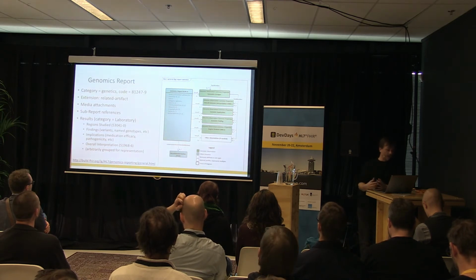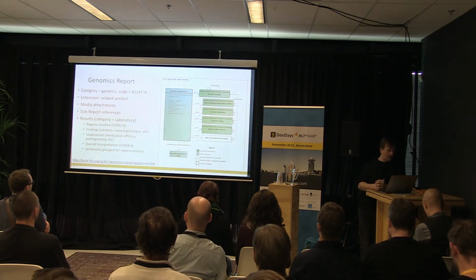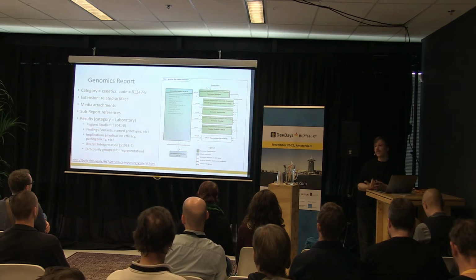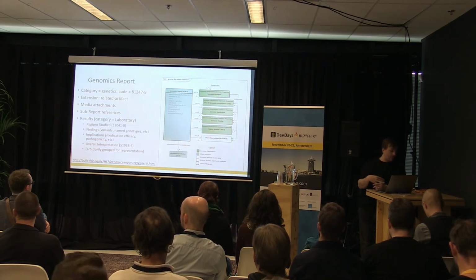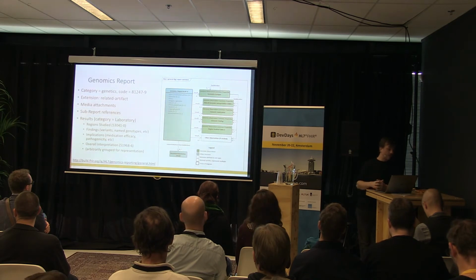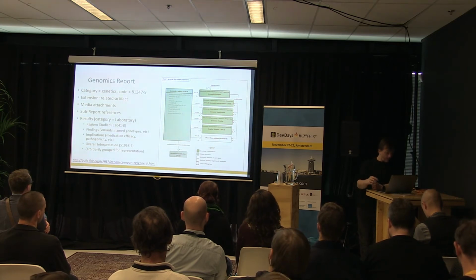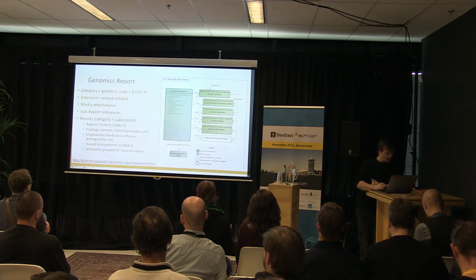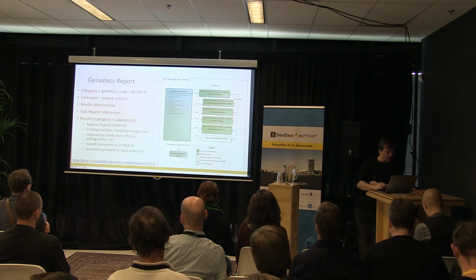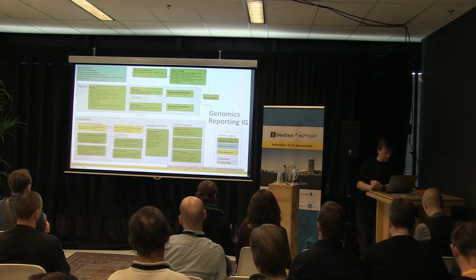The actual findings, so variants, named genotypes, etc. Implications, these variants from the patient, what's the implication of this in terms of medication efficacy, pathogenicity, and so on. There's an overall interpretation, and yeah, this is the link where you can go to this overview.